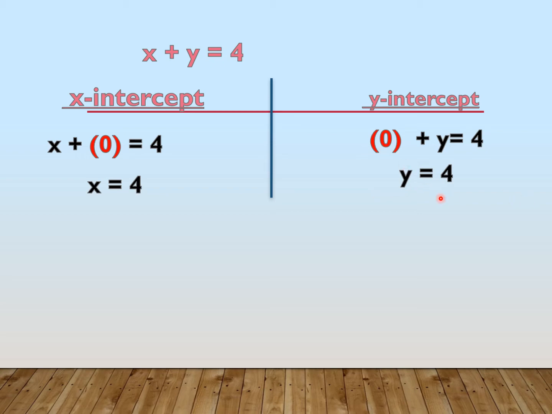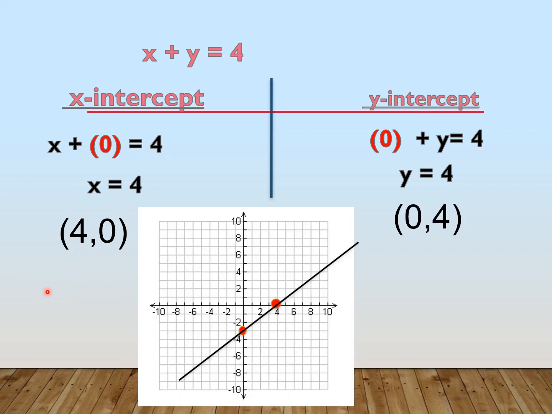So, dito, wala na po tayong gagamiting division property of equality dahil po, simply po, naka 1 na po ang numerical coefficient ng variable natin. So, ang ating pong x-intercept is (4, 0). Ang y-intercept natin ay (0, 4).